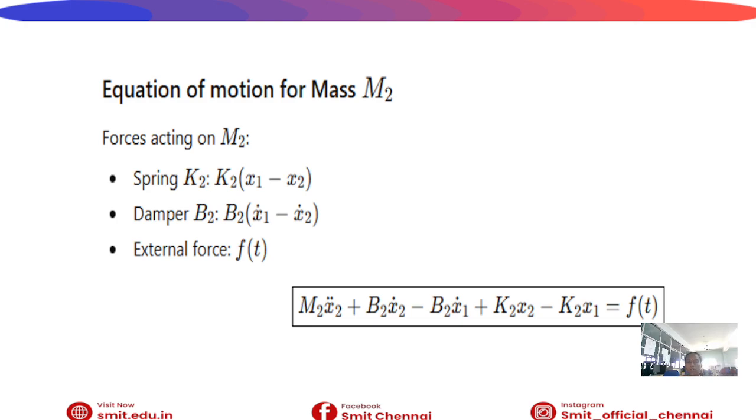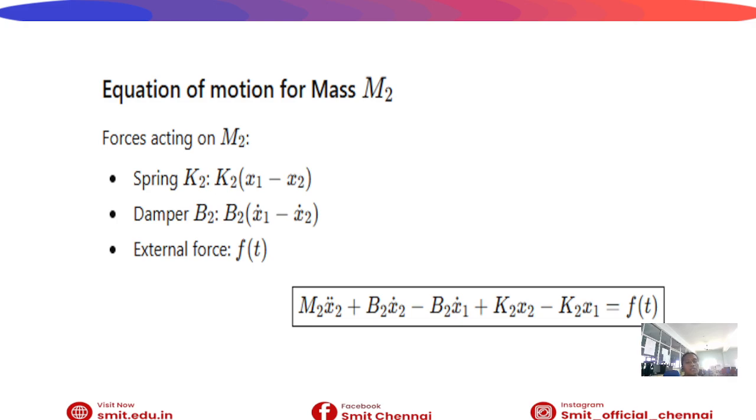Next, the free body diagram of mass 2. Here the forces acting on M2: spring K2 is connected in between the two masses, so now considering mass 2, K2 into X1 minus X2. K2 spring force is directly proportional to displacement. Then the dashpot force is directly proportional to the rate of change of displacement, that means proportional to velocity.